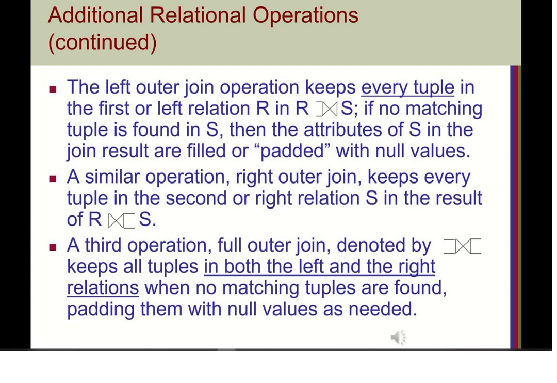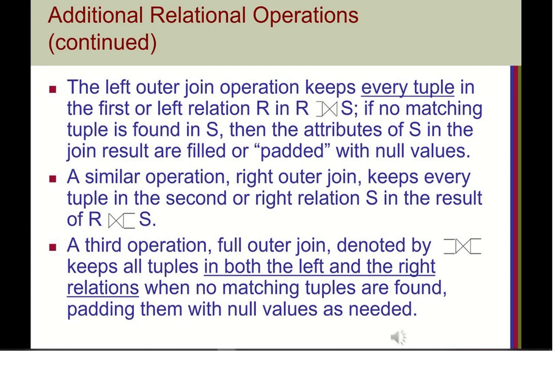The left outer join operation keeps every tuple in the first or left relation R in R left outer join S. If no matching tuple is found in S, then the attributes of S in the join result are filled or padded with null values.